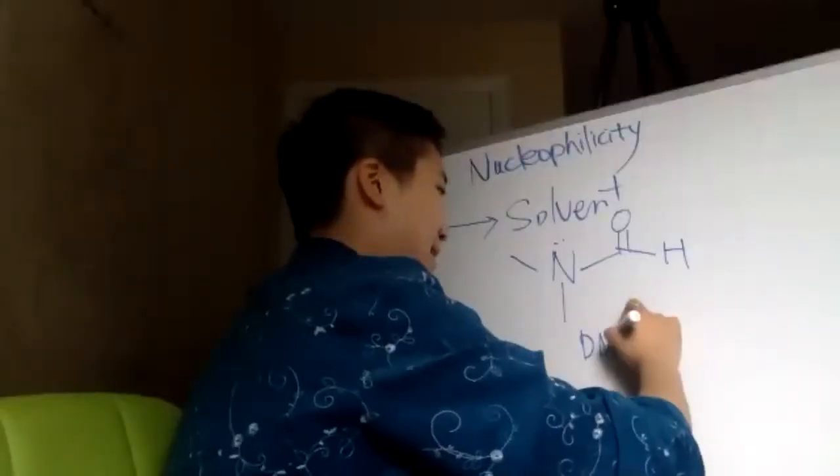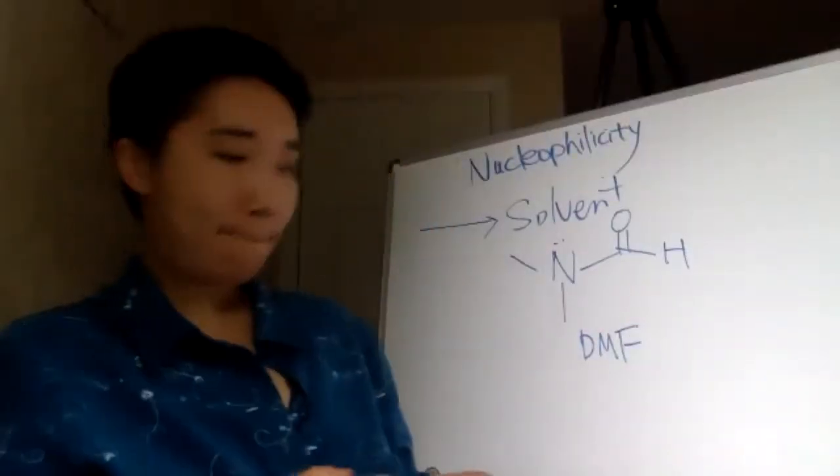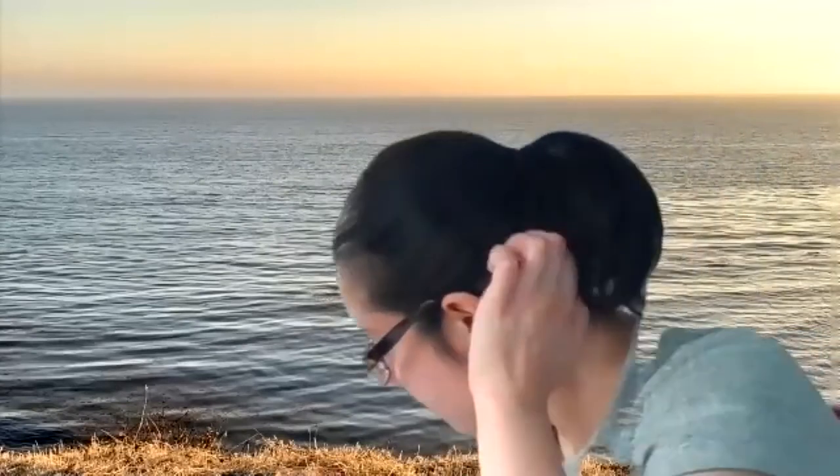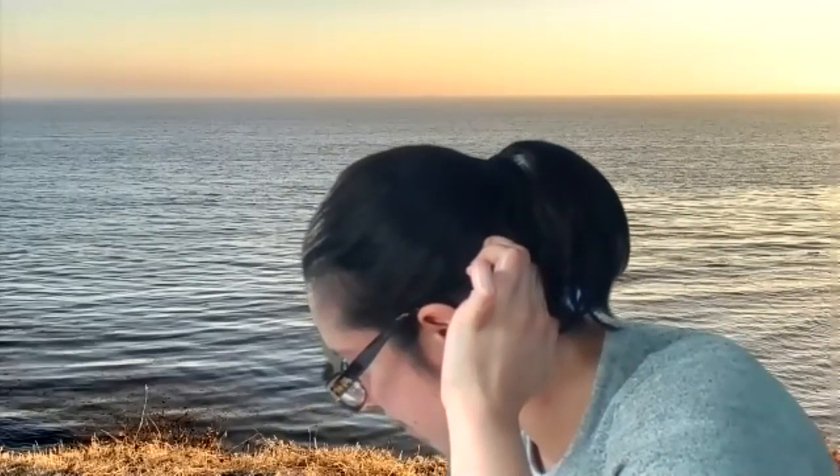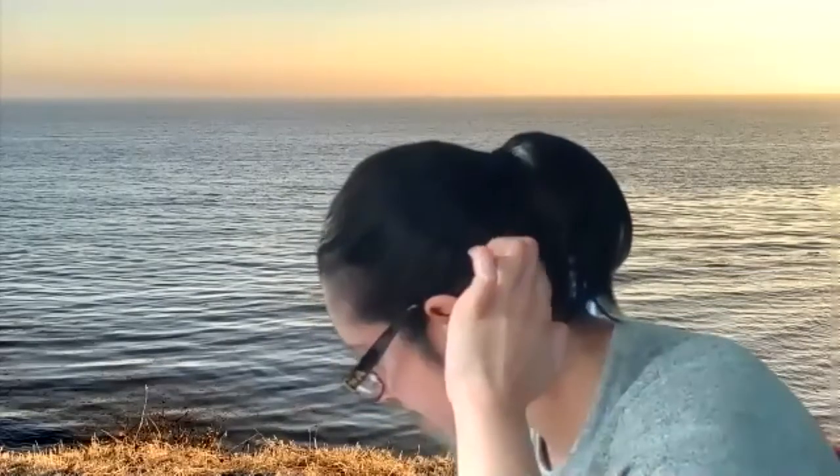It was like the molecule with the N, and then it was like 3 of them coming out. Yeah. This is called DMF, dimethylformamide. Oh, okay. And then yeah, I'm good with that.